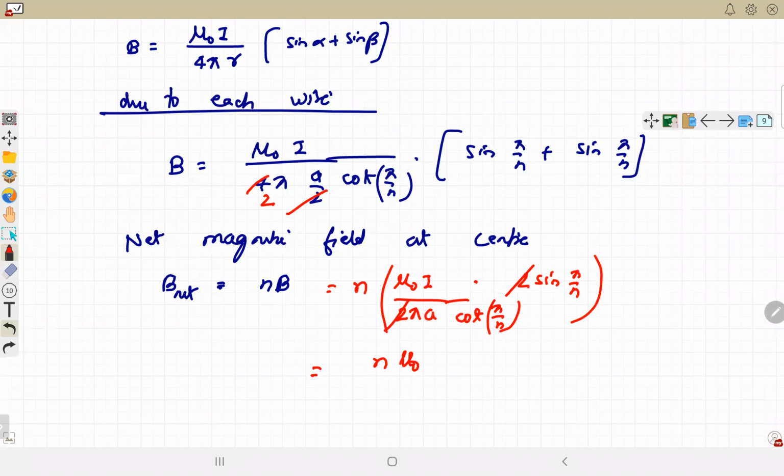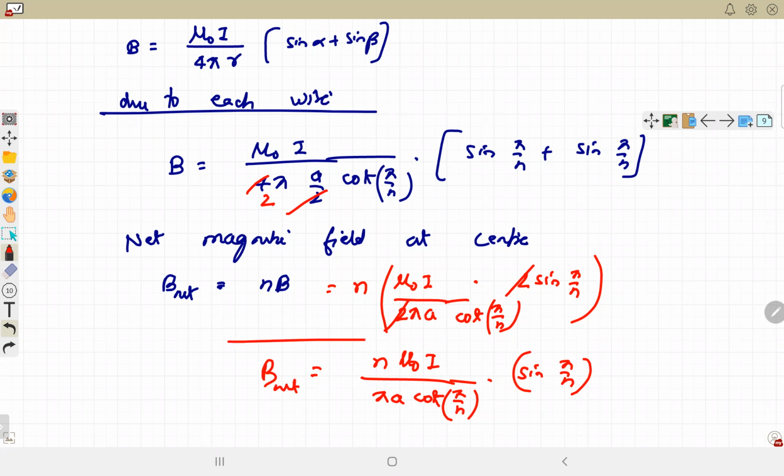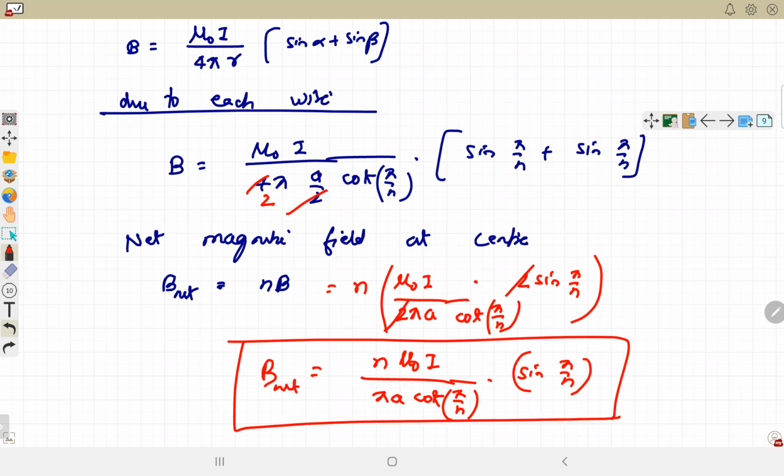Mu naught n I by 2 pi a, cot pi by n into sin pi by n. This is the net magnetic field at the center of an n-sided regular polygon.